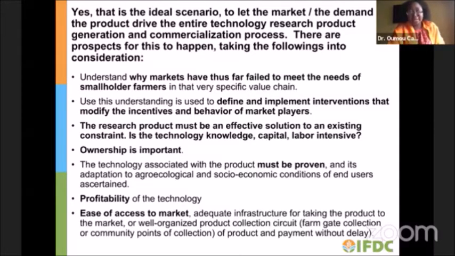So again, in the beans sector, FABRA was able to do that, and farmers had a market for the specific products that they invested in. The research product must be an effective solution to an existing constraint. You cannot have a product that is technology intensive, knowledge intensive, capital intensive, labor intensive in an environment that has these constraints.